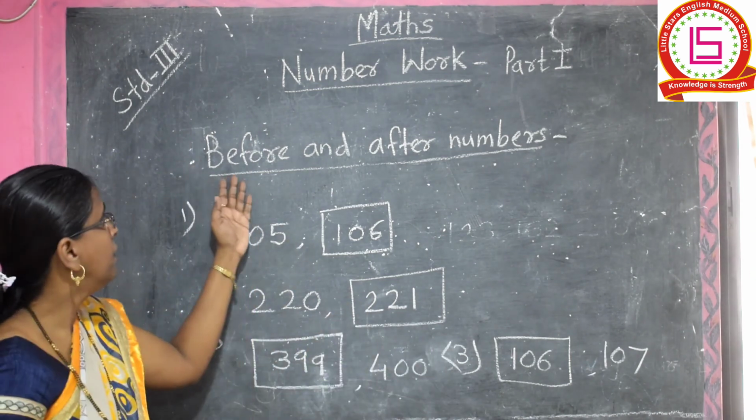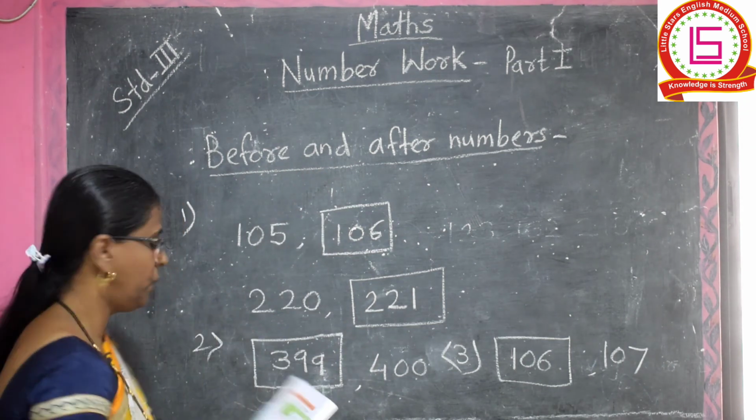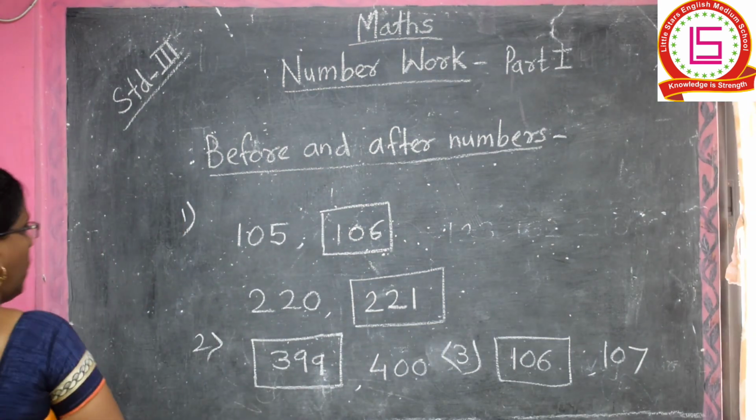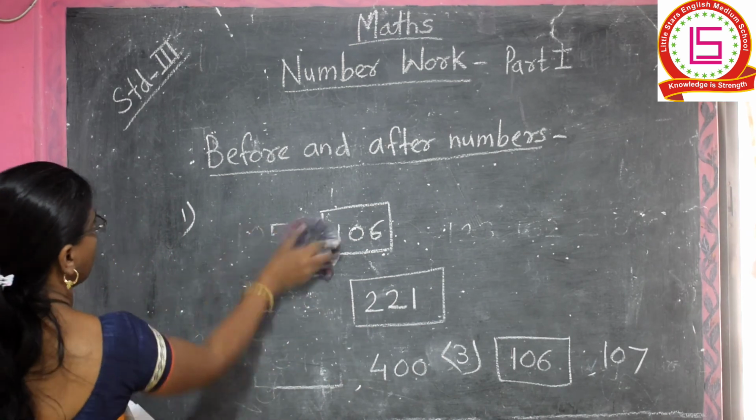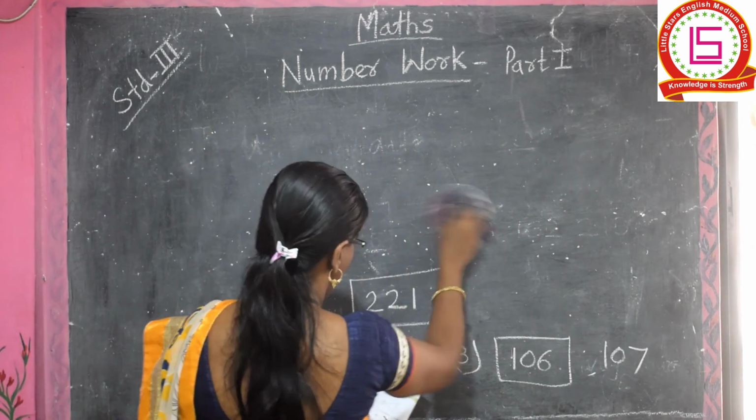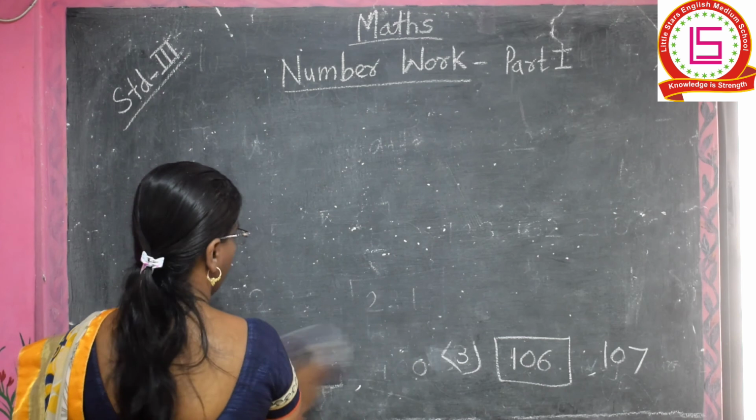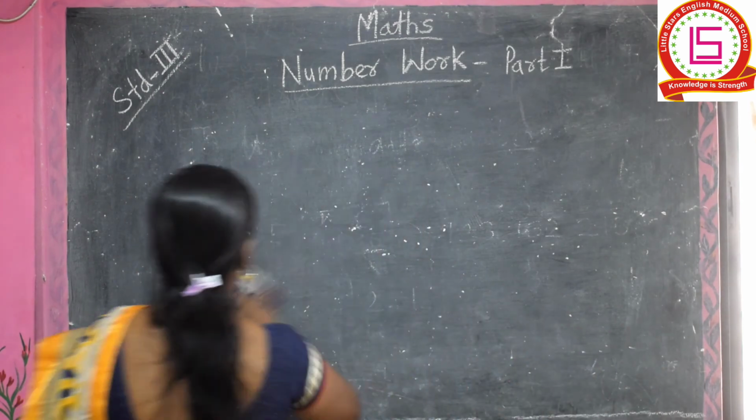And after before and after numbers, we have to learn about the smaller and bigger sign. Next point is the smaller and bigger symbol.